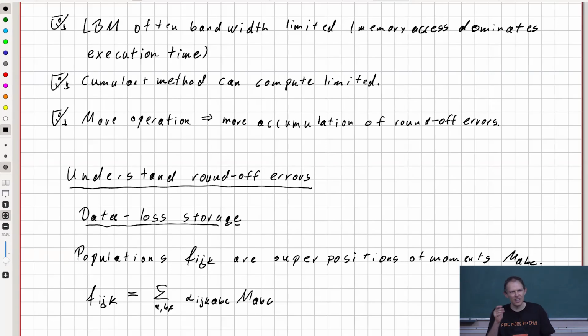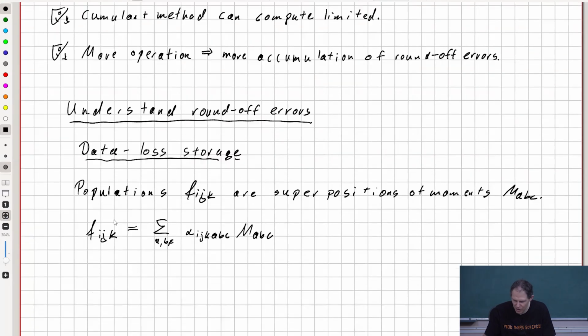So there is a fixed transformation from the moments to the populations. So each population contains each of the moments. So what does this mean for the storage? Let's look at how we store our variables. They are stored, of course, in floating point numbers.